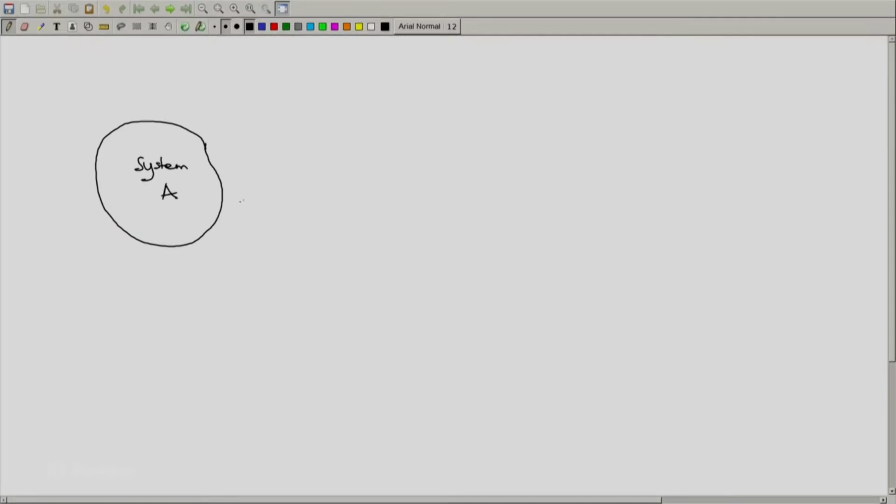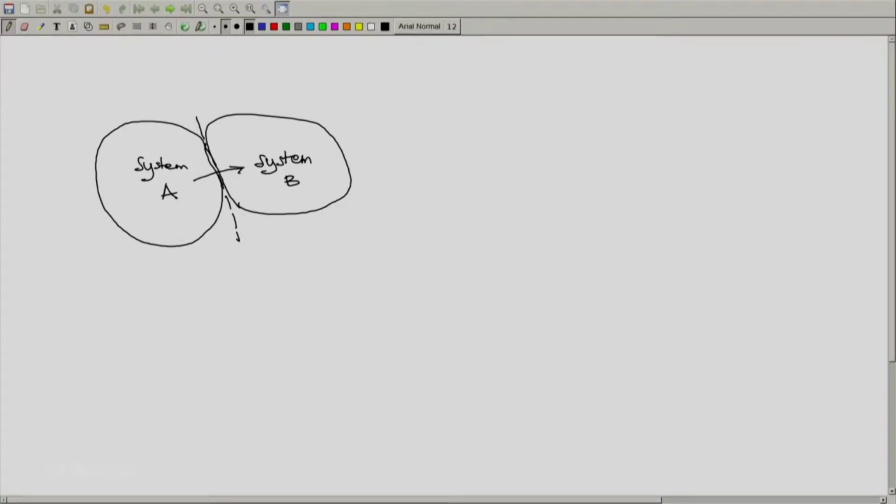Let us sketch a system. Let us say this is our system A and this is a system B with which it is interacting, and let us say we have defined the boundary between the two systems to be this, and the interaction across this is such that we are confused, or it is not possible to determine or quantify the dq part of this interaction, or it is not possible or easy to determine the temperature at the boundary across which this interaction is taking place.